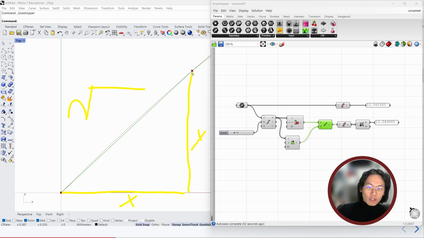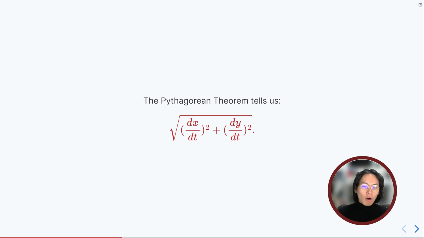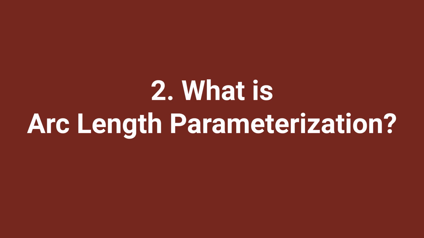We are interested in the green line here. If the points get closer to each other, it will be much closer to the actual length of the red curve, the actual curve. So that's the arc length formula behind this, using the philosophy of calculus and the infinite. To sum up, the key idea of arc length is to use the Pythagorean theorem to sum up all the subdivided curve pieces.